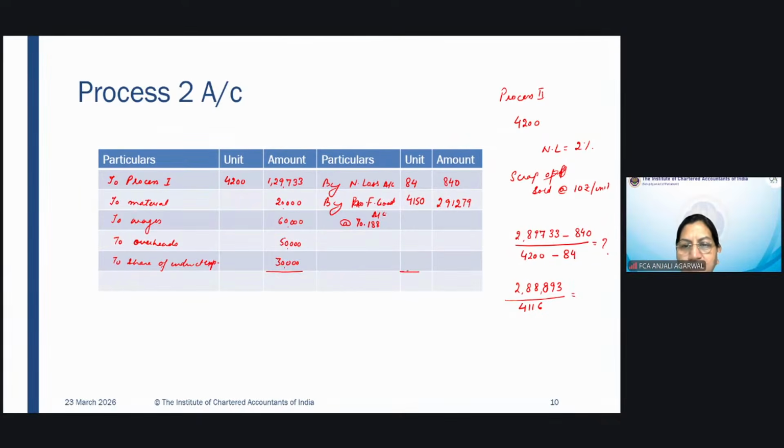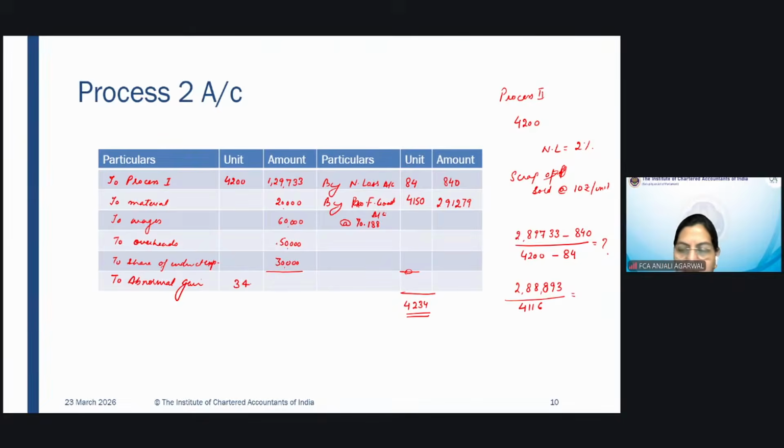Now, if you look at this side, the total of the units will be 4234, whereas here you have 4200. So there is going to be an abnormal gain of 34 units.